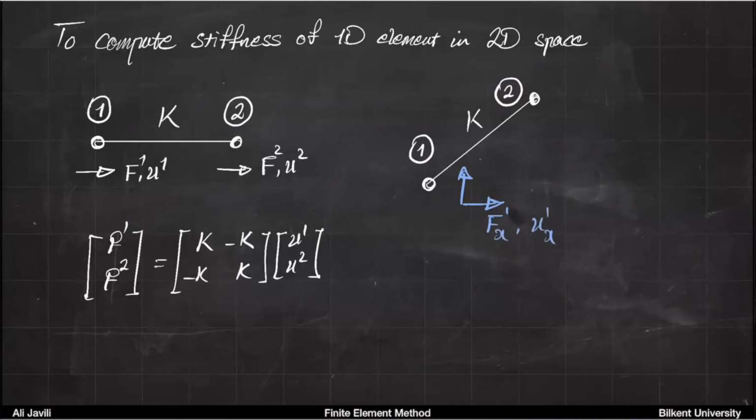And then you have F1 in Y direction and U1 in Y direction. The same holds for node 2. You would have a similar problem. So for node 2 now you have F2 and U2 both in Y direction, and then F2 and U2 both in X direction.